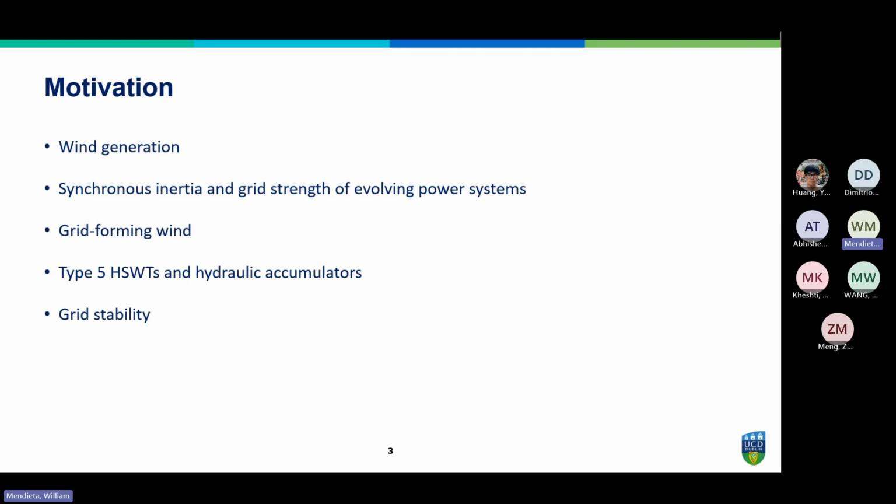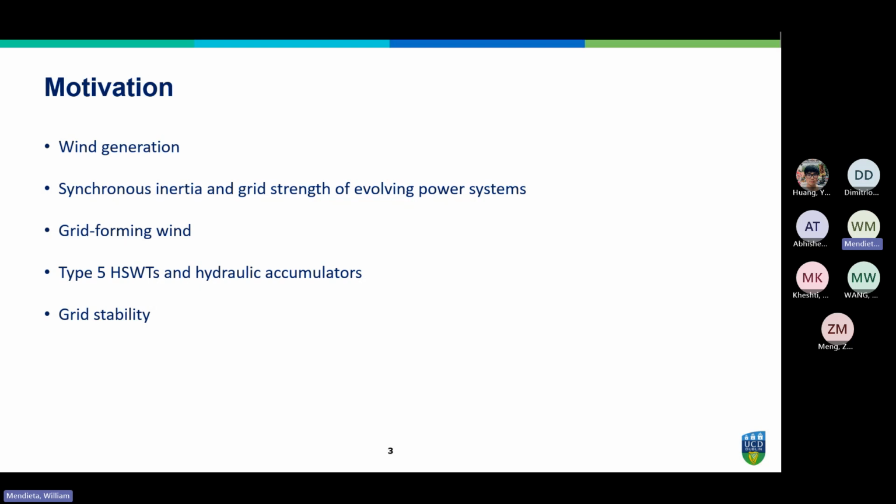Power systems have traditionally relied on synchronous generators to maintain system strength and physical inertia. As a result, Type 5 wind turbines with grid-forming characteristics and synchronous attributes may become attractive for power systems with a high share of renewable energy sources.